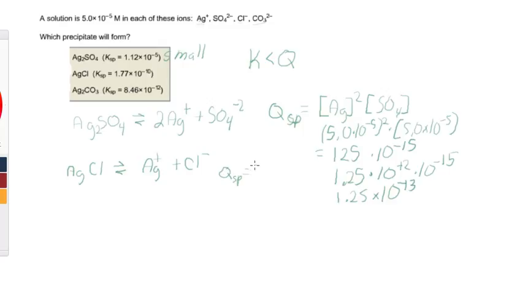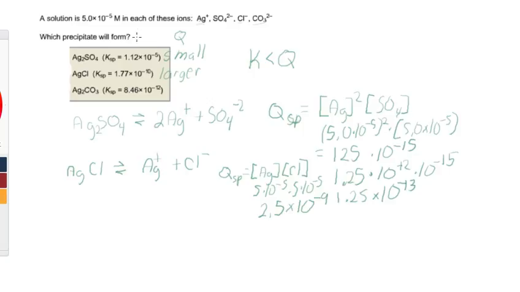Qsp equals the concentration of Ag times the concentration of chloride, and that's, again, 5 times 10 to the negative fifth times 5 times 10 to the negative fifth, and that's going to be 2.5 times 10 to the negative ninth. Okay, 2.5 times 10 to the negative ninth is larger than 1.7. So, okay, I'm writing down that Q is larger.